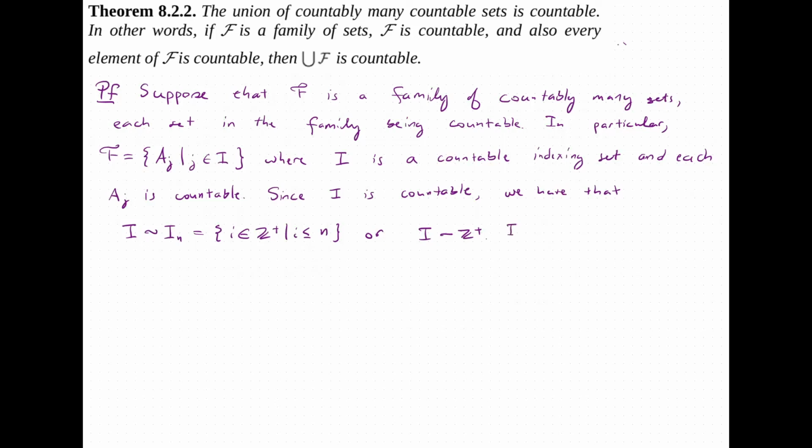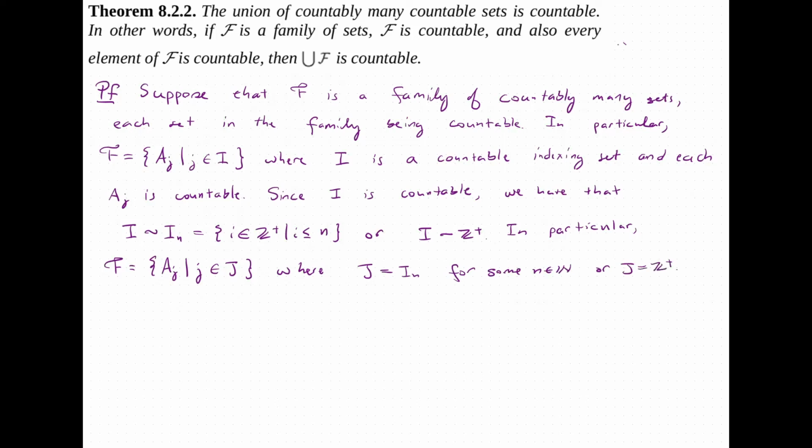So in particular, F is equal to the set of A sub j's, where now j is in J, where J is equal to I sub n for some natural number n, or J is equal to the positive integers.